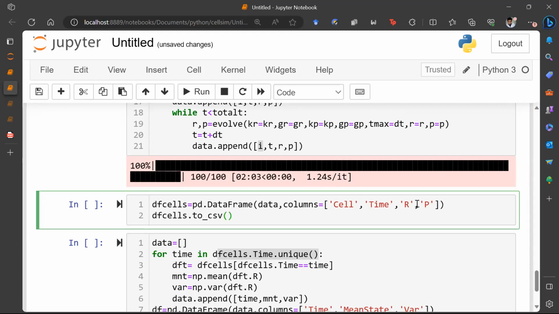Remember, CSV corresponds to comma separated values. So it's a file where each element is separated by a comma. It's gonna be, I don't know, R versus P, CSV, and the index.